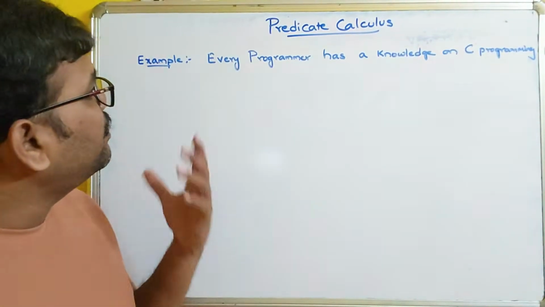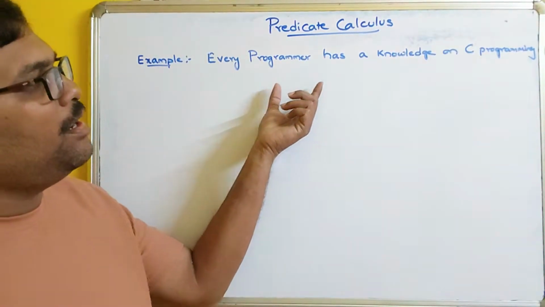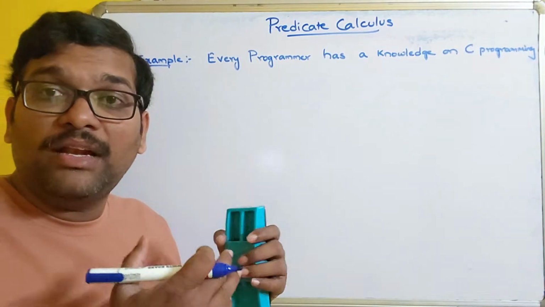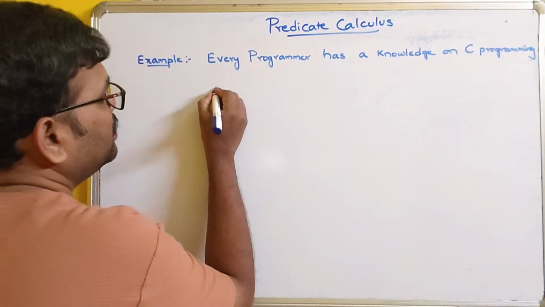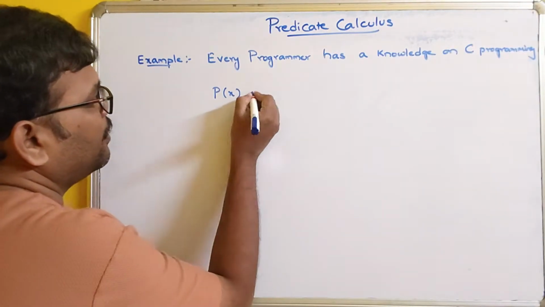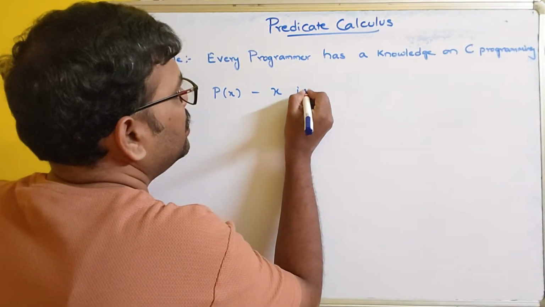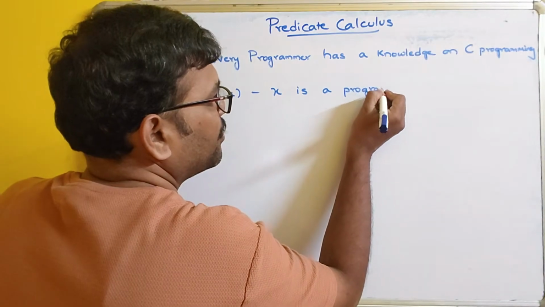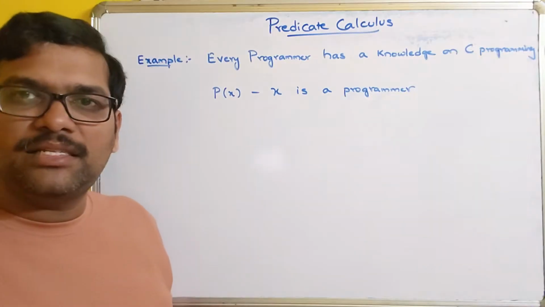See, here we are having some statement. Okay, every programmer has a knowledge of C programming. So from that we can identify the predicates. So what is the first predicate? P of X: X is a programmer.